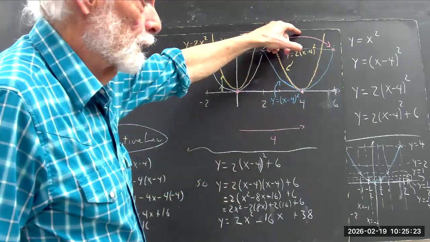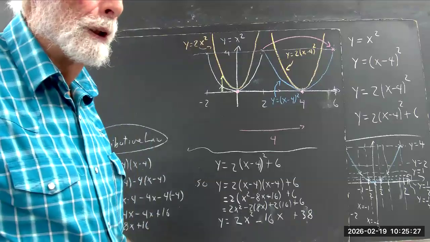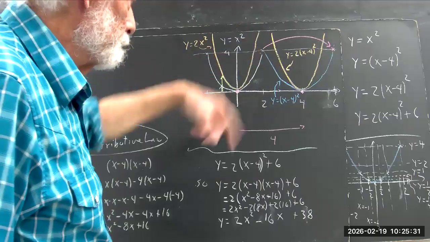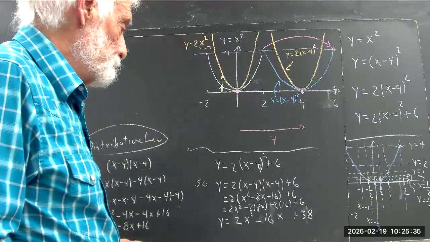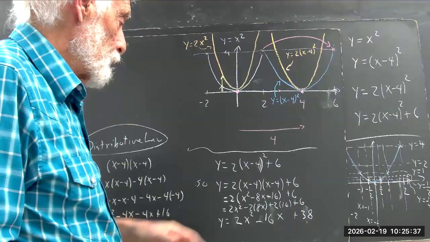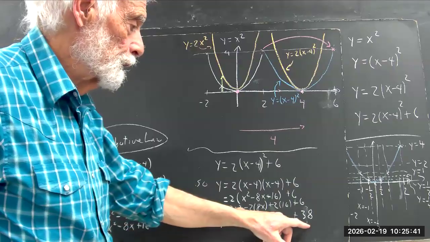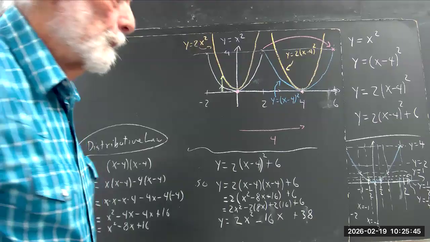Then we raise it up 6 units, which I didn't have room to do because the graph is near the top of the board. This function y equals 2x squared minus 16x plus 38 gives us exactly the same graph.